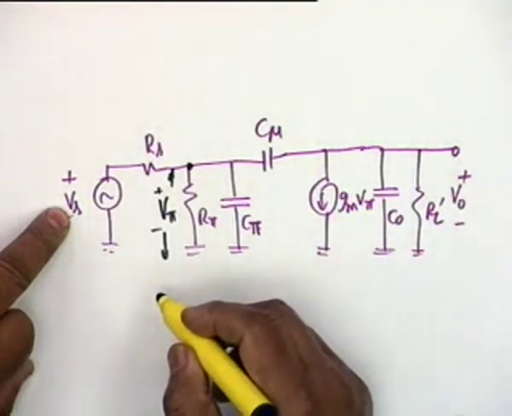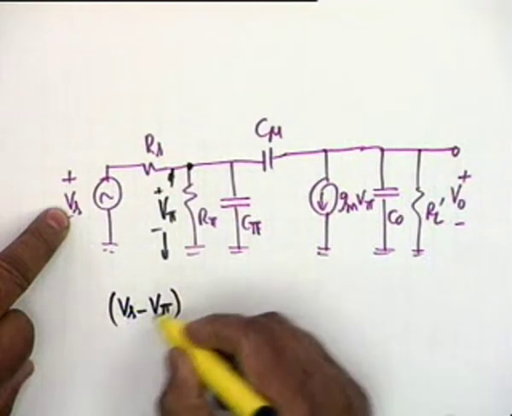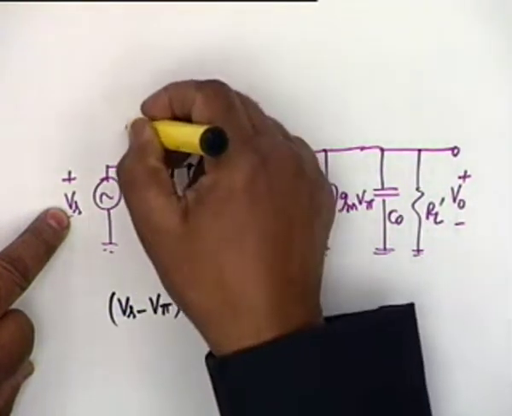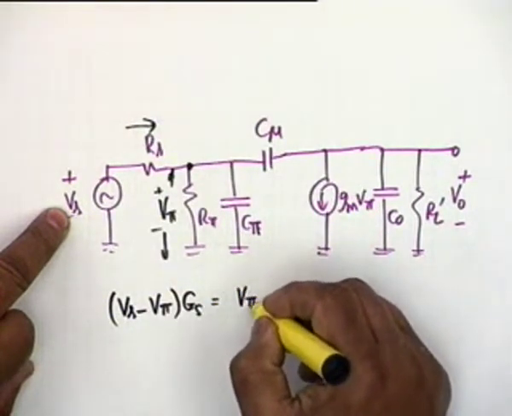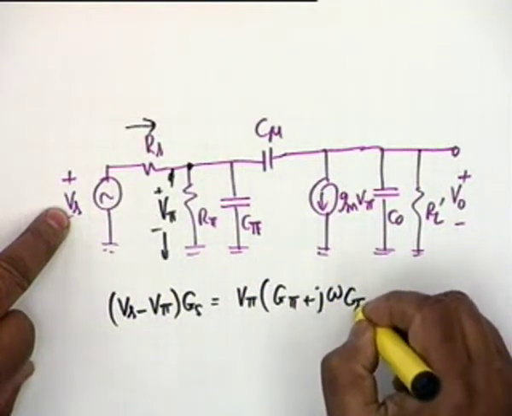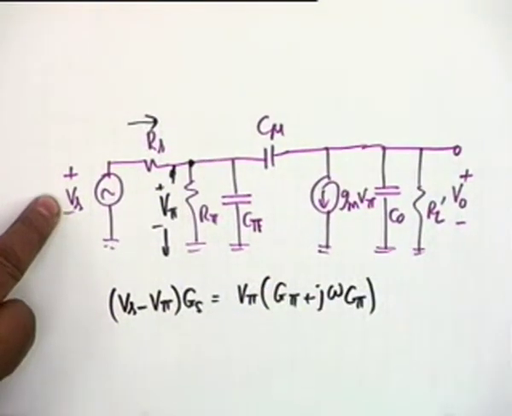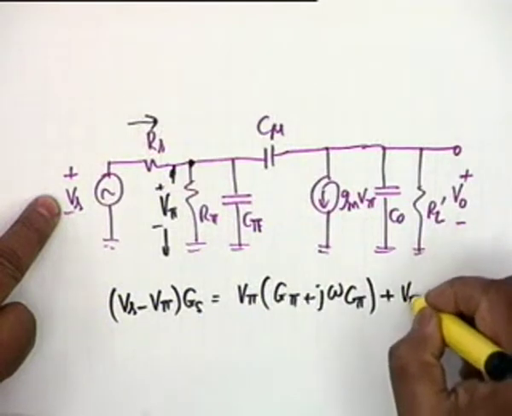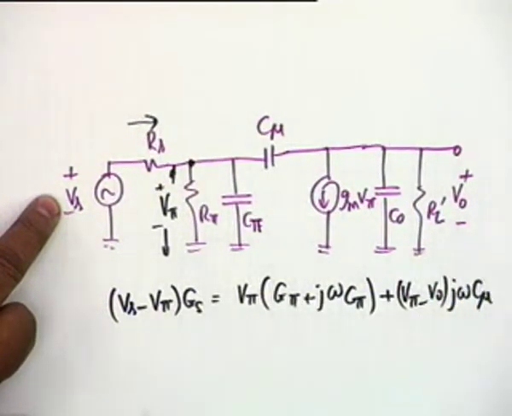Well, let me write this equation. Vs minus V pi multiplied by Gs. This is the current that comes in. This would be equal to V pi times G pi plus j omega C pi. This is the current that goes into R pi and C pi, plus the current that goes into C mu. It would be V pi minus V0 multiplied by j omega C mu.